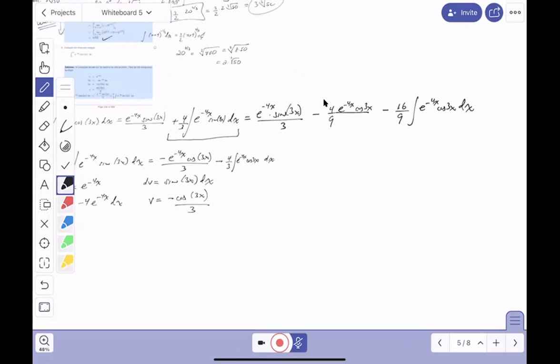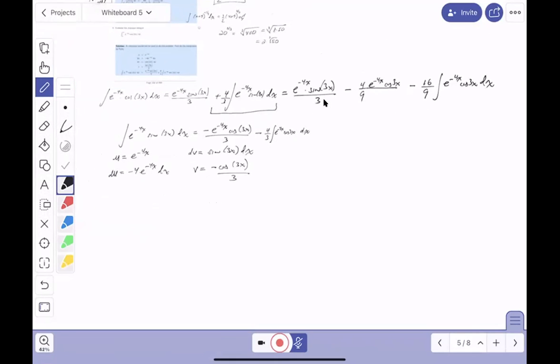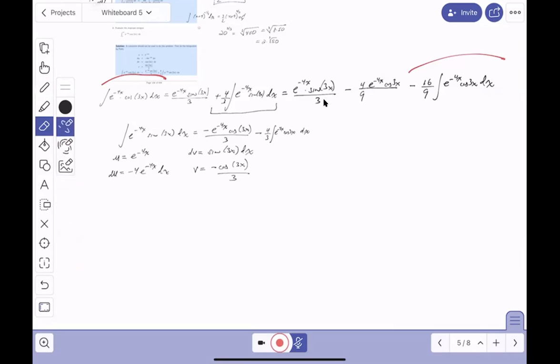I gotta be honest with you, looking at this guy over here, it's kind of nightmarish. And I'll tell you why it's nightmarish. I keep coming back to another integral and it just doesn't change the complexity. But what do I notice now? I notice this guy and this guy have identical integrands. So what I'm going to do is add them to both sides. And by the way, I'm not saying I didn't make a mistake yet. We'll look at the key later.